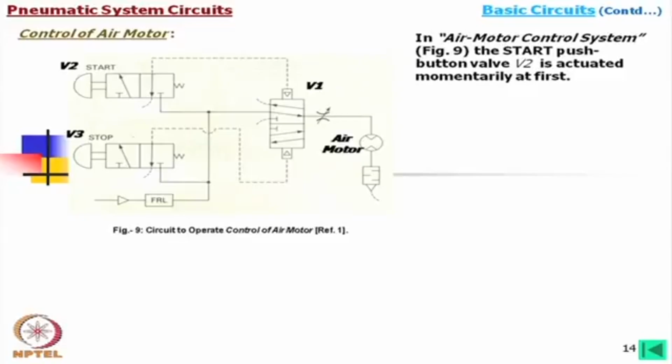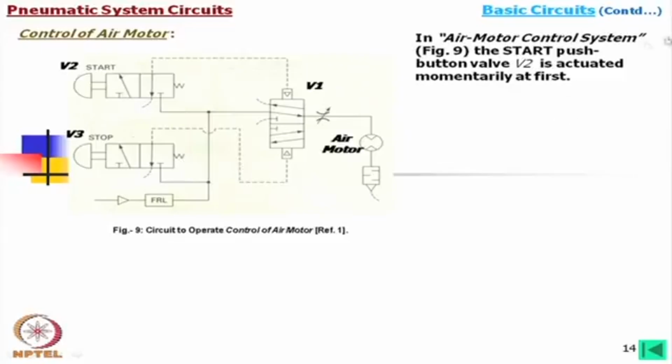In the case of an air motor, where continuous flow is being exhausted, you need a good quality muffler or silencer. In this air motor circuit we find a 4/3 DCV, and then there is one start and one stop push button type 3/2 valve.